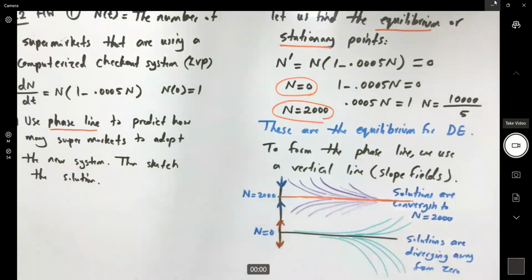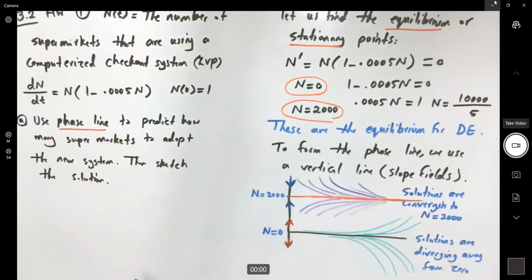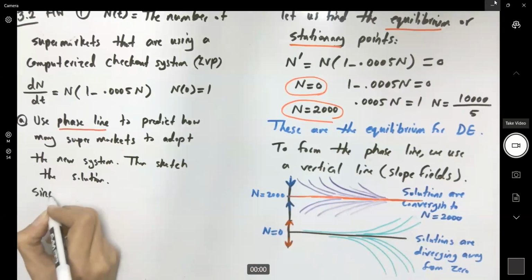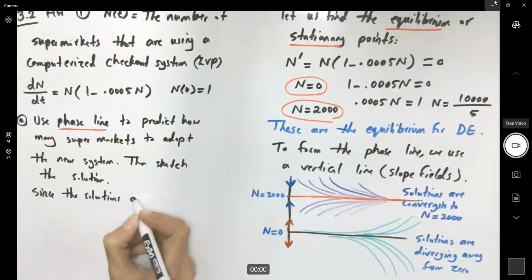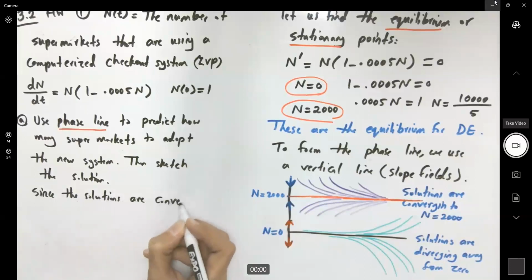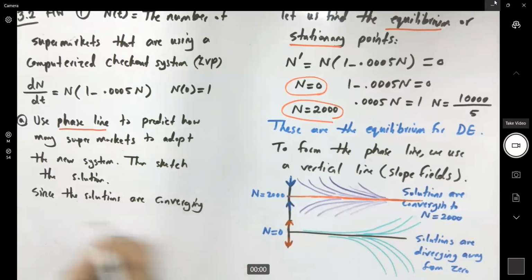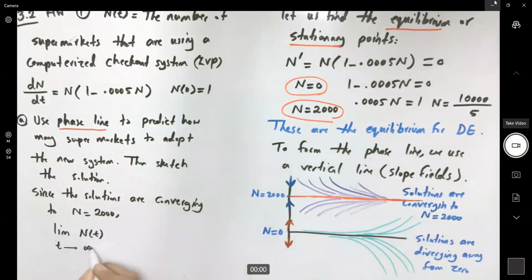So since the solutions are converging to n equals 2000, it means that the limit of n as t goes to infinity is 2000.